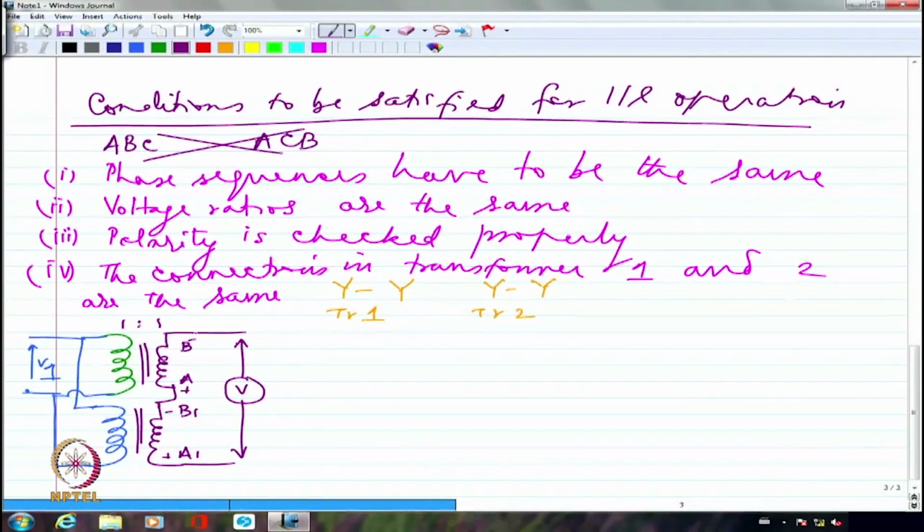Then they are in series addition. So definitely I can say with conviction that these two are of different polarity. That is, whatever I have connected together, they are of different polarity. So if they are of different polarity, obviously I can't connect them together for parallel operation.